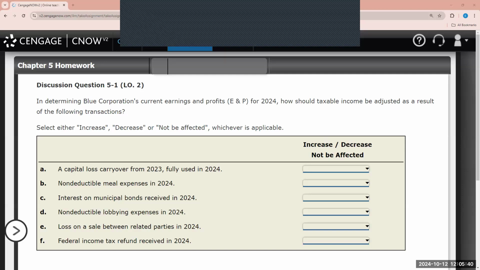However, there's Section 312, and in that section, they have provided adjustments that need to be made to the corporation's taxable income to arrive at E&P. So simply stated, earnings and profits is the economic measure of a corporation that determines its dividend paying capacity.